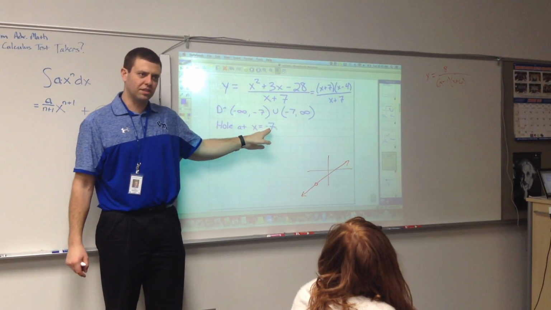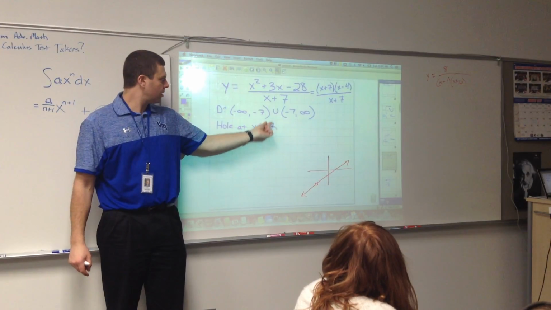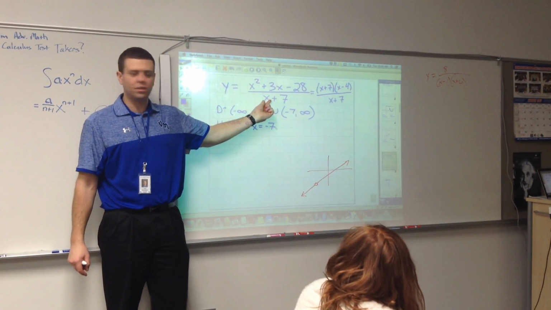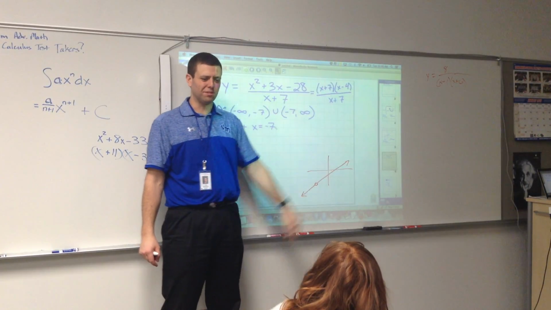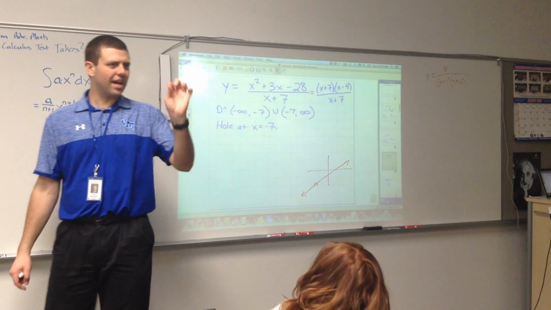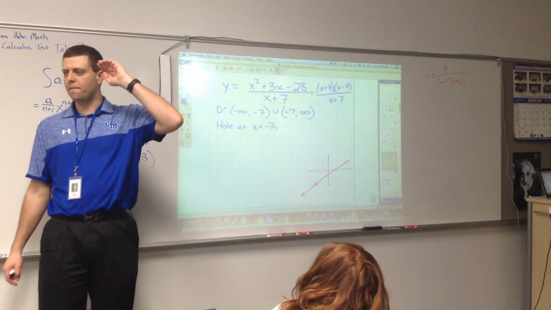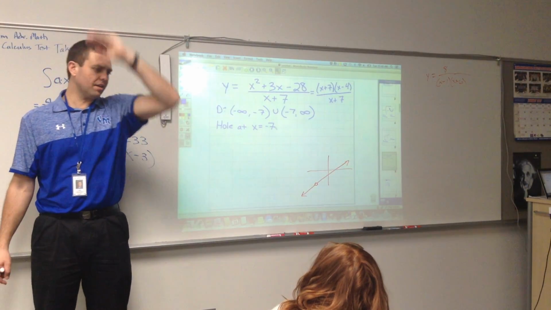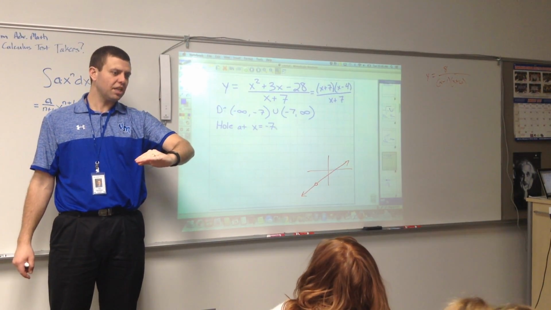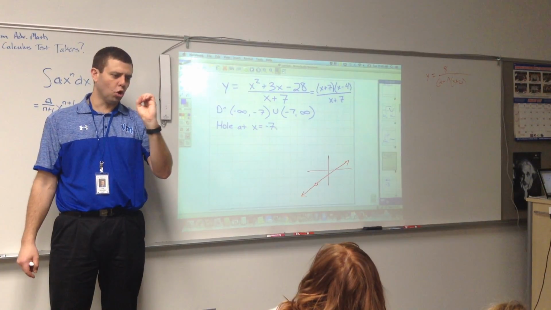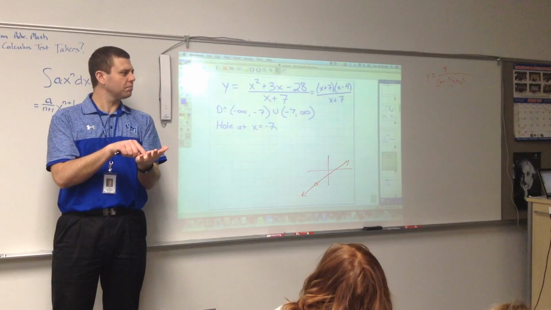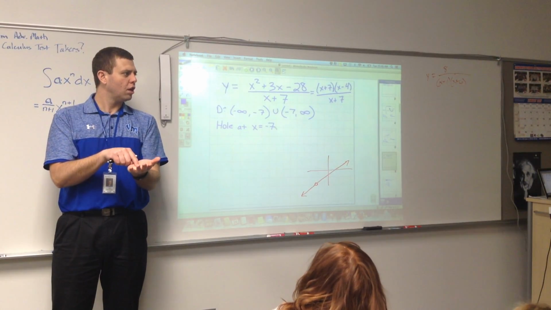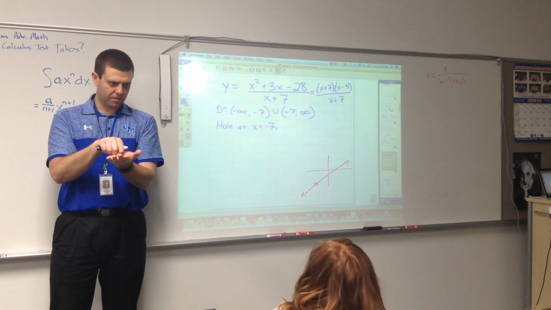If you look closely at this one, -7 makes the denominator equal 0, but what does it also do to the numerator? It makes it equal to 0. So if you have an x value that makes both the numerator and the denominator equal 0, there's going to be a hole in the graph and not a vertical asymptote. Vertical asymptotes occur when the denominator equals 0.